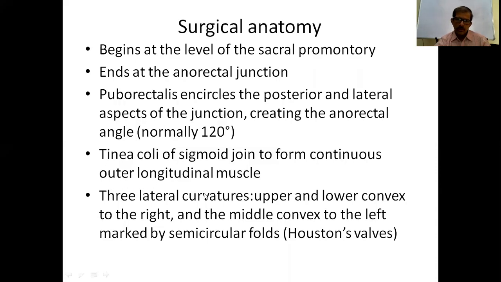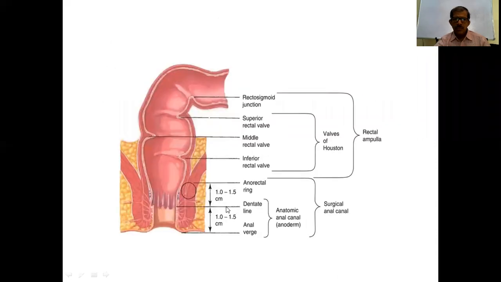So, there are three curvatures. The upper and lower are convex towards the right, whereas the middle is convex to the left. These are marked by what are called Houston's valves, or semicircular folds of Houston. So this is the anatomy. This is the rectal ampulla.